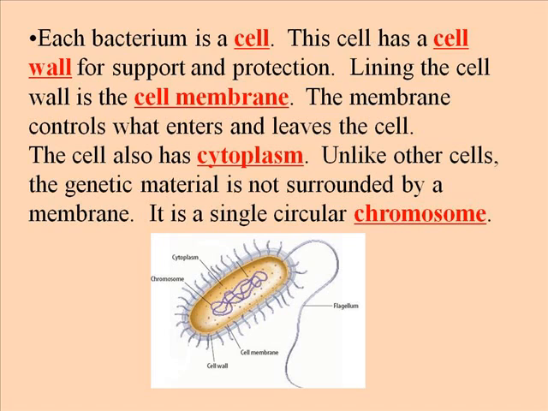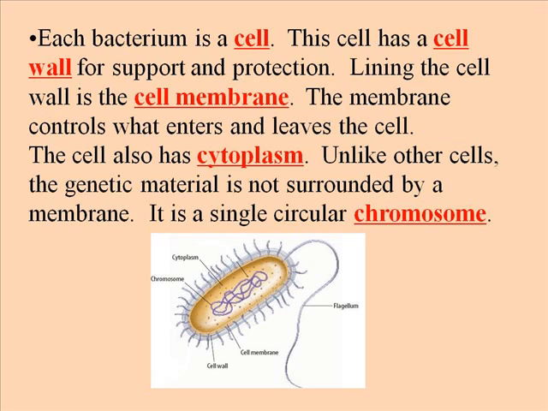Now, the word that you see at the top of this slide, bacterium, is one single bacteria. Bacterium is singular, bacteria is plural. Each bacterium is one single cell. It does have a cell wall for support and protection. That's part of the cell we learned back in first 9 weeks. Inside that cell wall, there is a cell membrane. This is like that bodyguard for the cell.